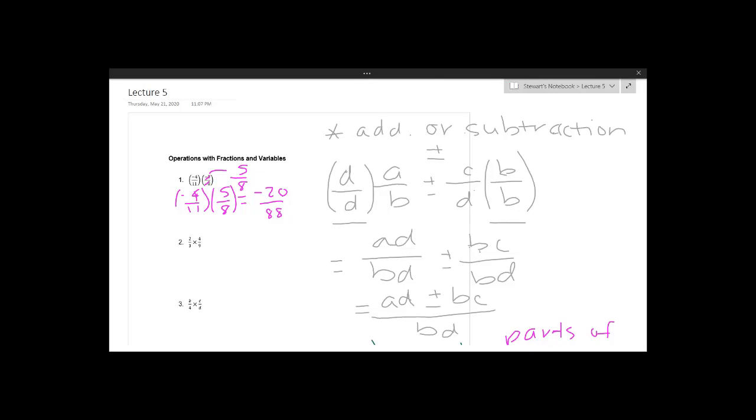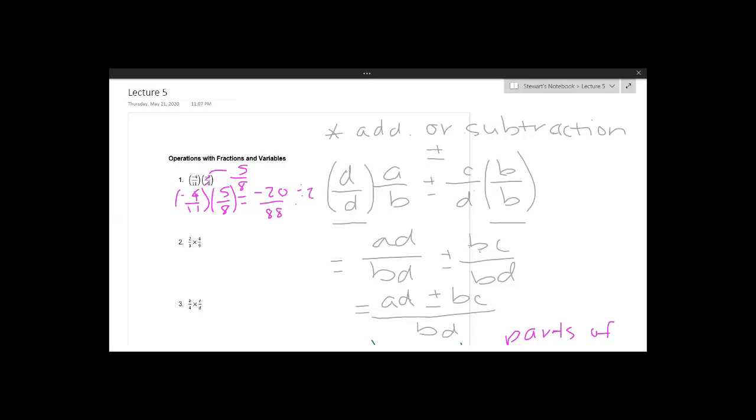We know that 20 and 88 both share a common factor. If you can't think of the greatest common factor at first, don't worry, you'll be able to see. I know that the greatest common factor they share is 4. But if you didn't know that, you can hopefully see that they both share the common factor of 2, because they're both even, so they at least have to both be divisible by 2.